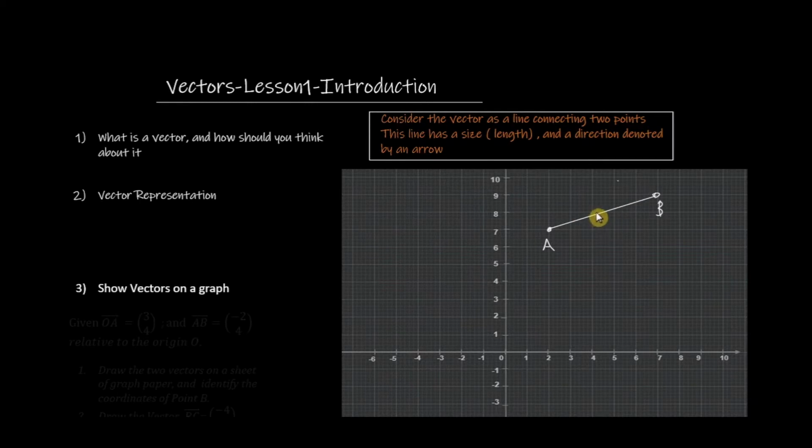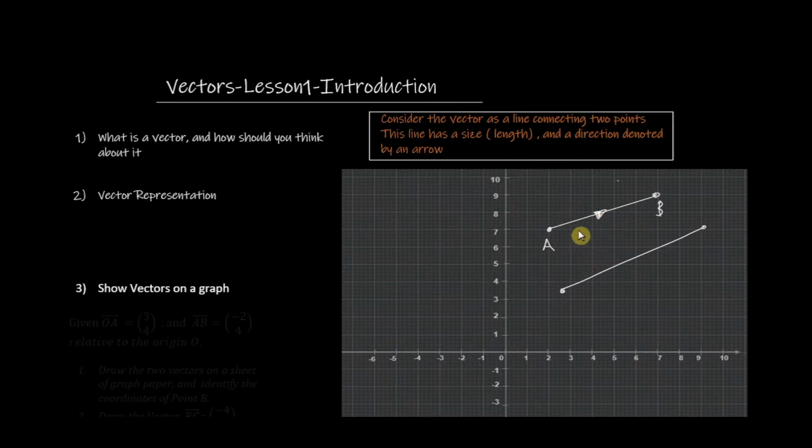So I will attach an arrow to it because the vector is defined with a direction. So I would like you to consider the vector as simply a line connecting 2 points. And the line has a length because I could have a different line with a different length. And it has a direction, and the direction is denoted by an arrow.